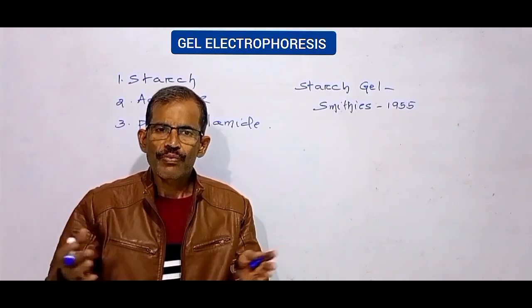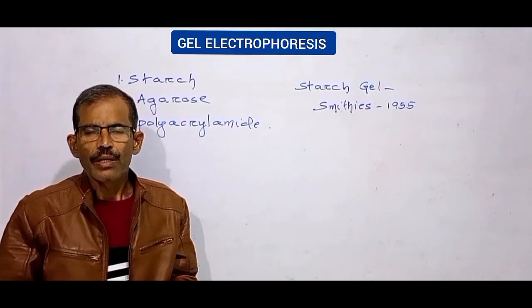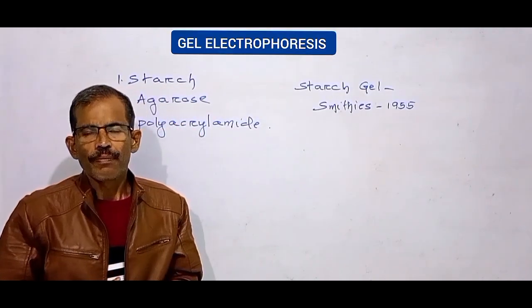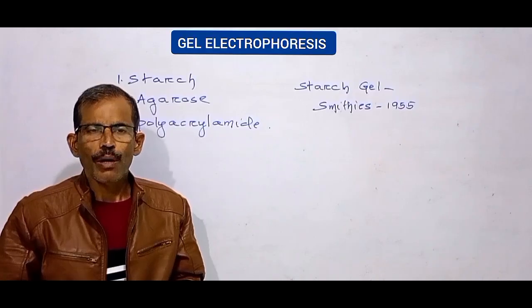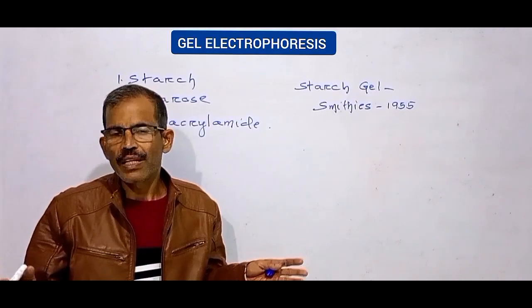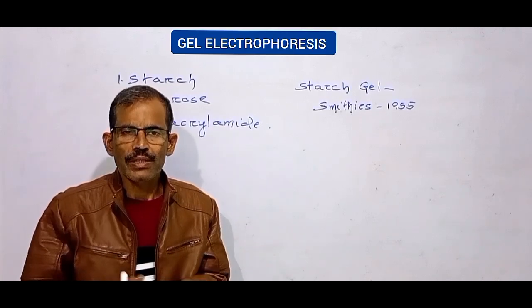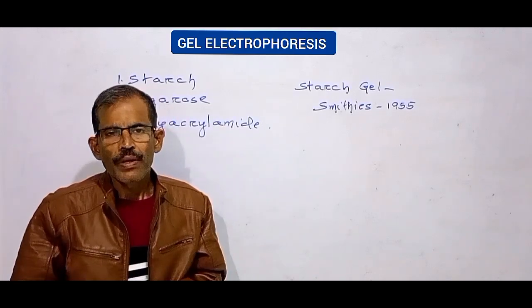It is also difficult to prevent the contamination of starch gel by microorganisms. In addition to this, upon staining, the starch gel becomes opaque, thereby making direct photoelectric examination of the gel impossible.